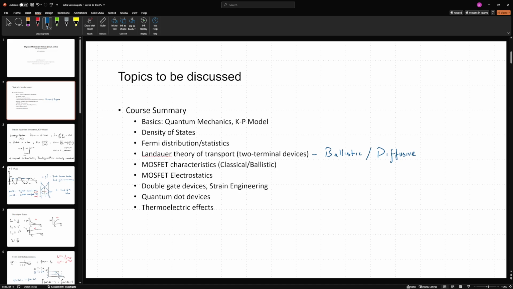Then MOSFET characteristics for the classical bulk MOSFET and the ballistic MOSFET, and then MOSFET electrostatics, double gate devices, strain engineering, the things that we covered in the past couple of weeks, and finally quantum dot devices and thermoelectric effects, which were the topics covered in the most recent session.